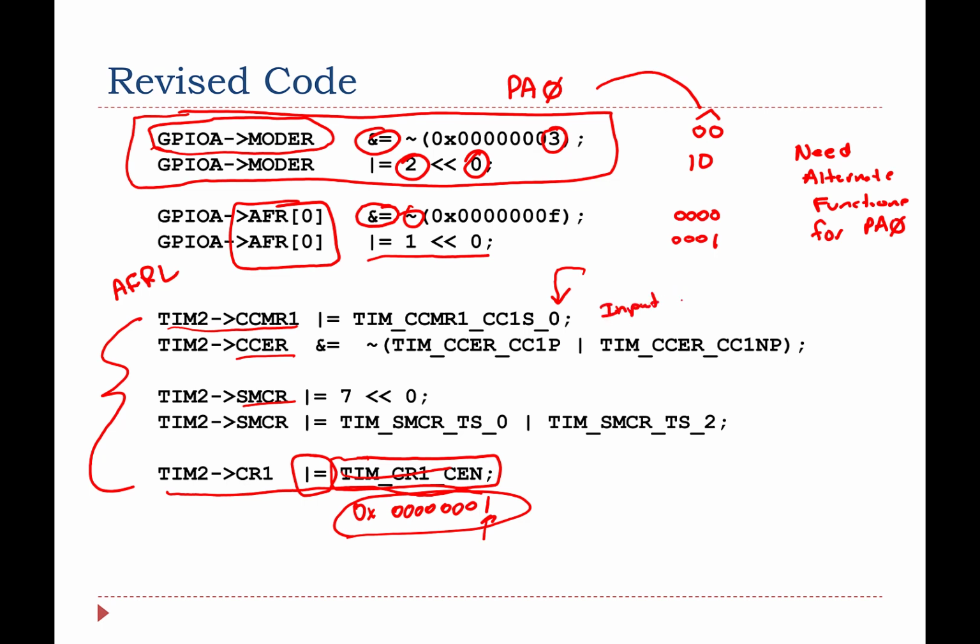So we're basically doing input capture on TI1. And remember, this one is doing something interesting too. We have CC1P and CC1NP of the CCER register. So let's go back and look at what that is.